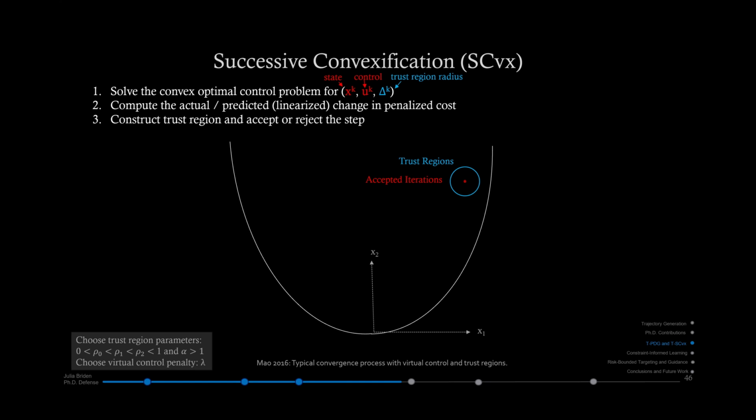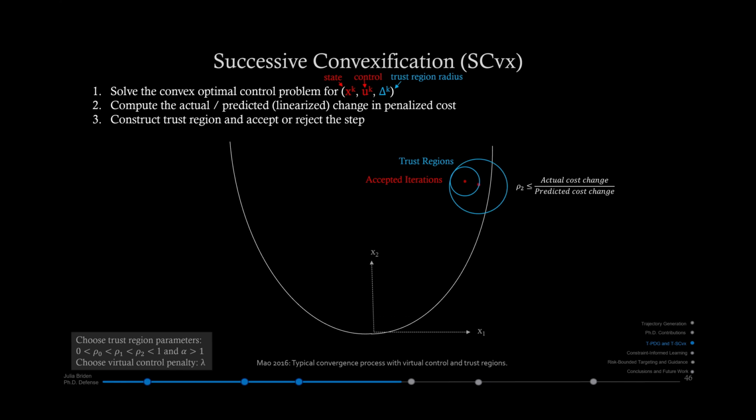And the overall way that this works is we have an accepted iteration or a rejected iteration at each point of our iterations. And then we have a trust region, which is how far out we trust our convexified problem.